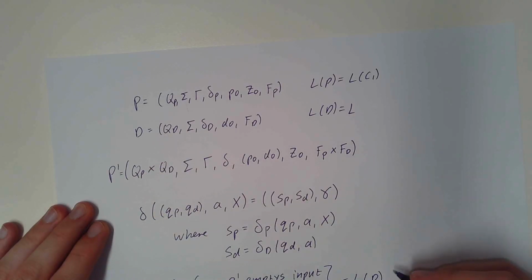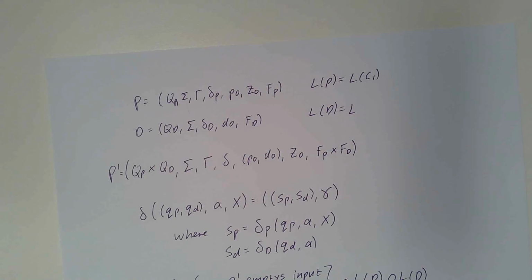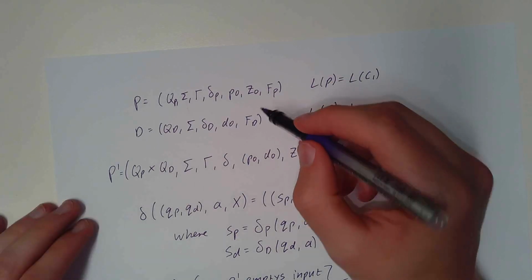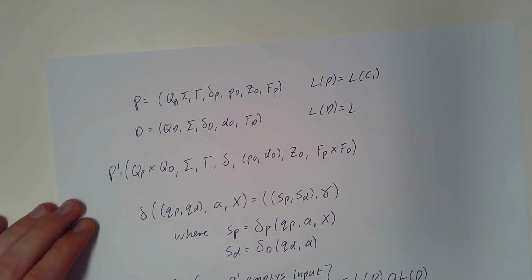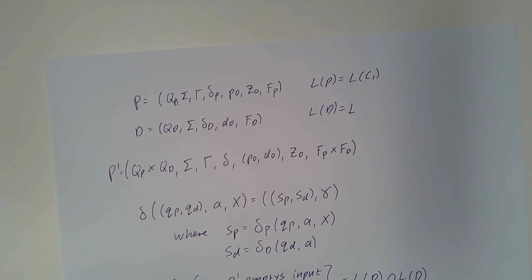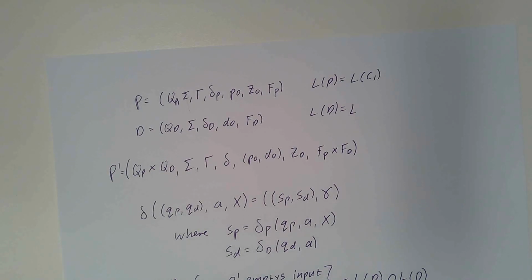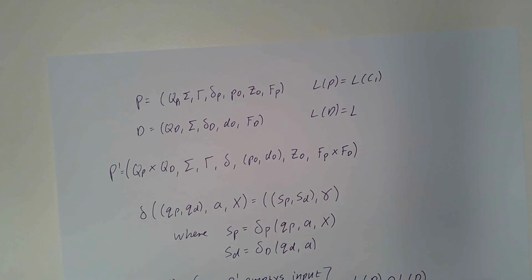Well, when you're in the language of D. And because you have to be in both final states of these machines at the same time, it means you need to be accepted by both of these machines, which means you need to be in both of these languages. So that tells us the language of this new construction is the language of P intersect the language of D, and the language of P was a context-free language, and the language of D was a regular language. Because these were arbitrarily chosen, that tells us that context-free languages are closed under the operation of intersecting with a regular language.